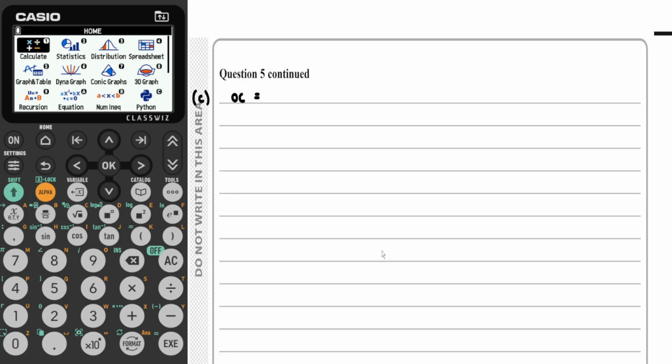So OC will equal the square root of 5 squared plus 12 squared, which is equal to 13, and so therefore mod of z max will equal 13 plus 10, which is the radius, and that's equal to 23.